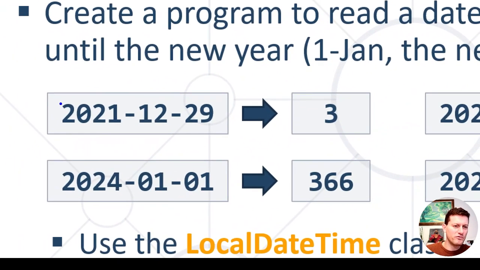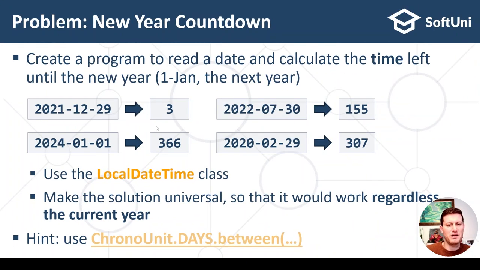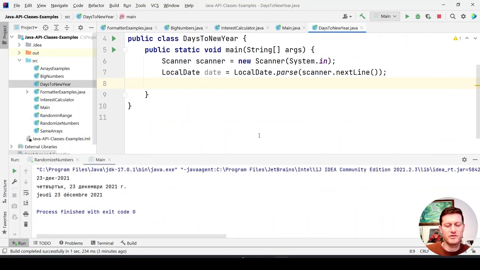Because this is the default format for dates, I don't need to specify a pattern during the parse. I will use the default date parser. Then I will do something like this.